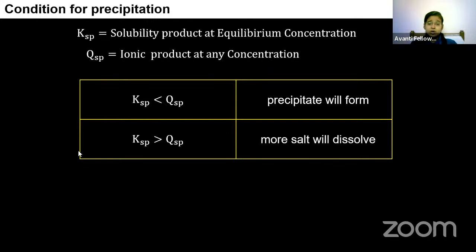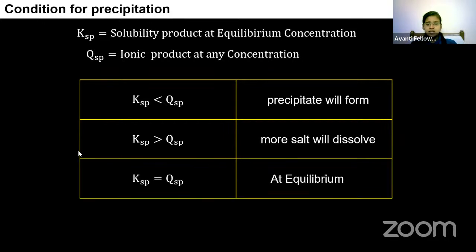Okay. If both the values are equal, then we can say that the reaction is at equilibrium. Clear? So these are the three conditions for precipitation. So if Qsp is greater than Ksp, precipitate will form. Keep that in mind, okay?